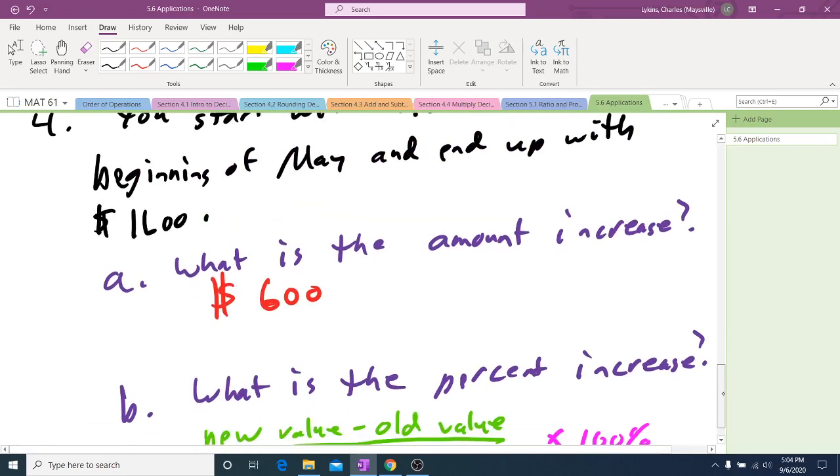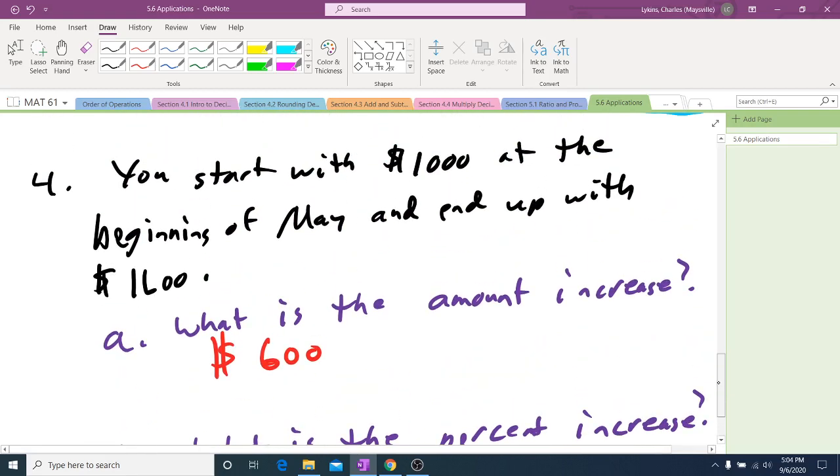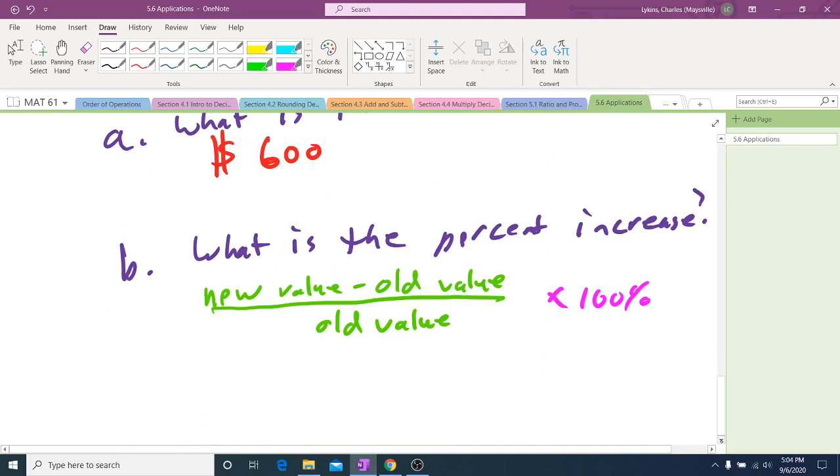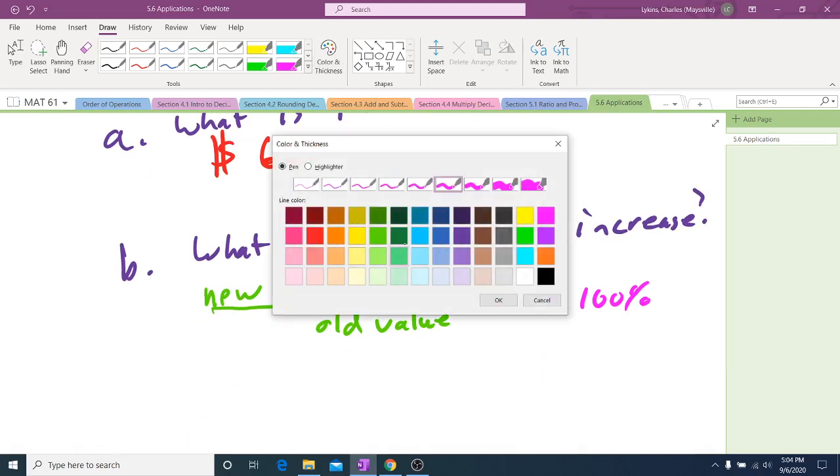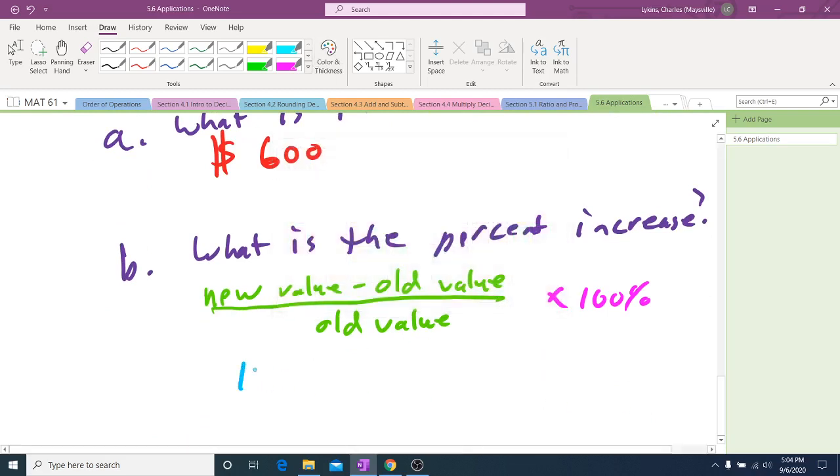So my new value, what did I end up with? 1,600. What did I start off with? 1,000. That's my old value.